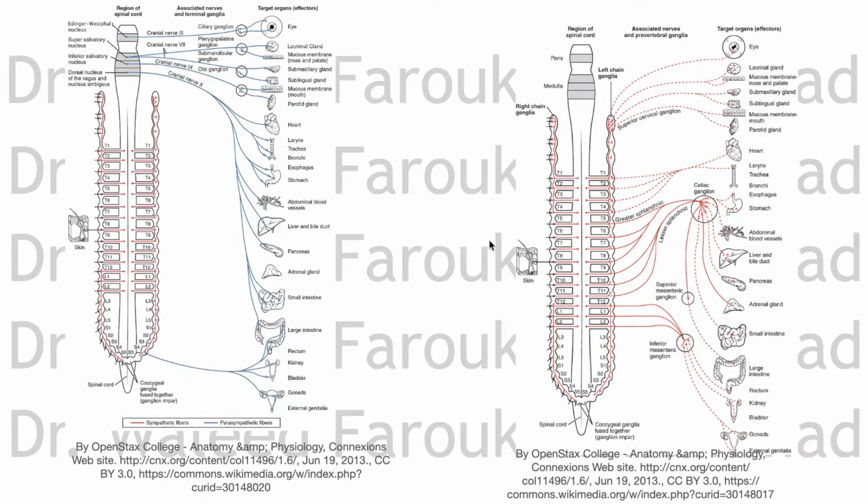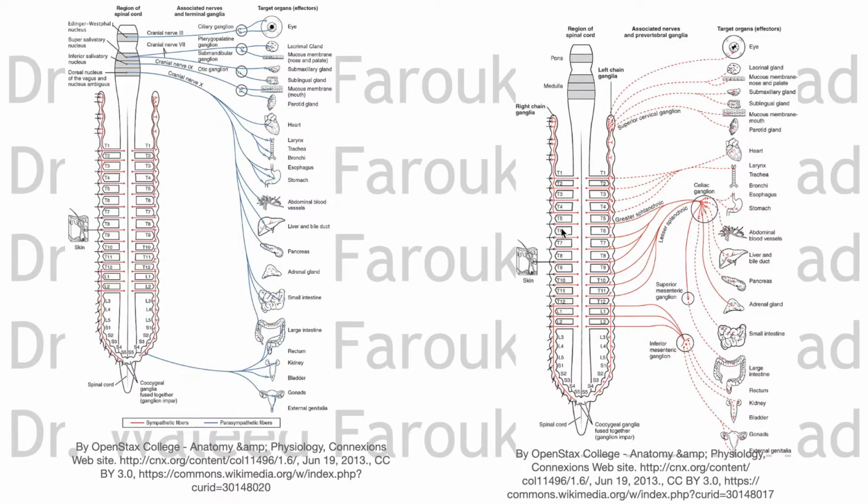While the sympathetic system is called the thoracolumbar outflow because it originates in neurons present in the spinal cord segments from T1 till L2. You see that?